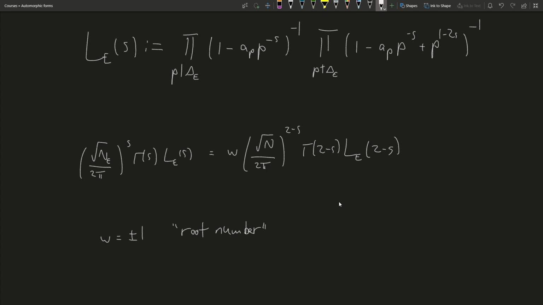I will say that this normalization of the L function is called the arithmetic normalization. So what is the point of pointing this out?